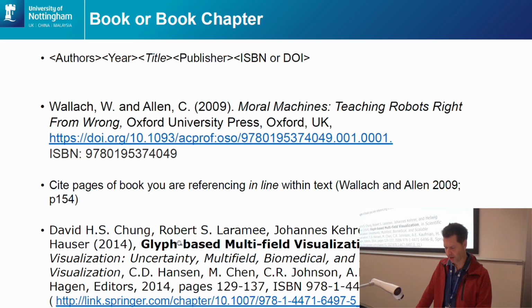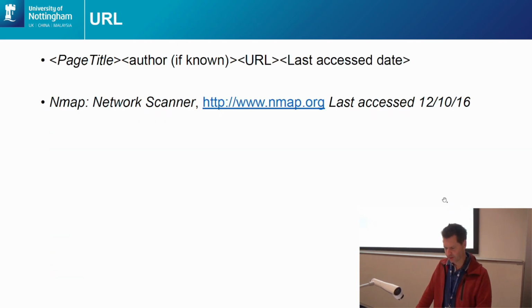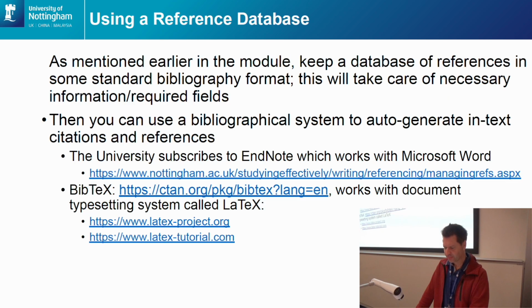So it has the name of the chapter, and then the name of the book, the editors, the year of publication, the pages, and so on. And for a URL, we provide the page title, the author, the URL, and the last access date, when we want to cite web pages.